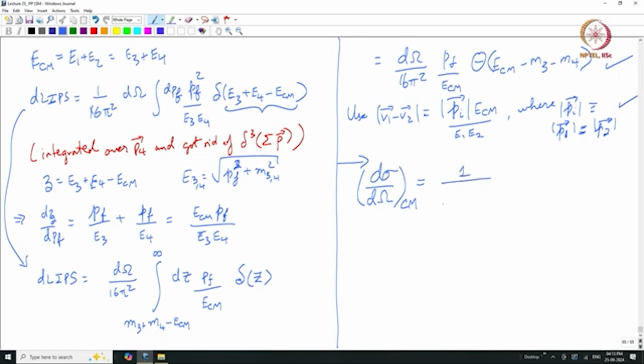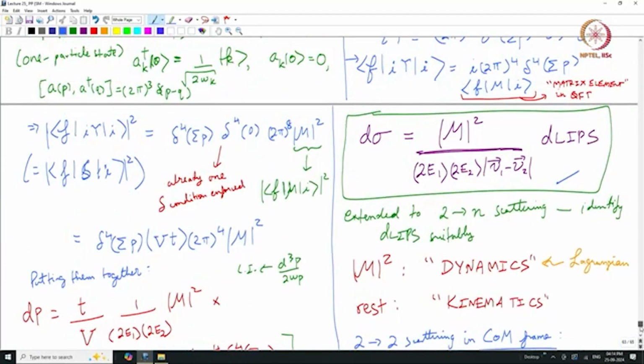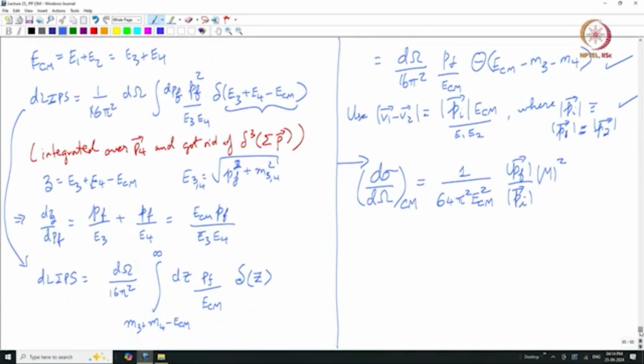That is 64 pi squared E squared in the center of momentum frame again, okay. I have a PF in the numerator and a PI in the denominator. Of course, I have an m squared, right? So all that still goes along for a ride, right? And finally, that theta function.